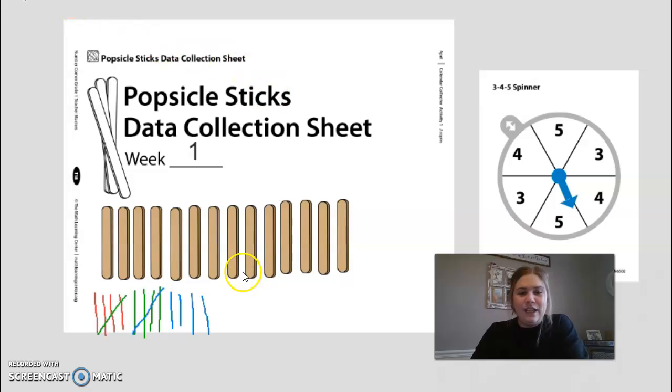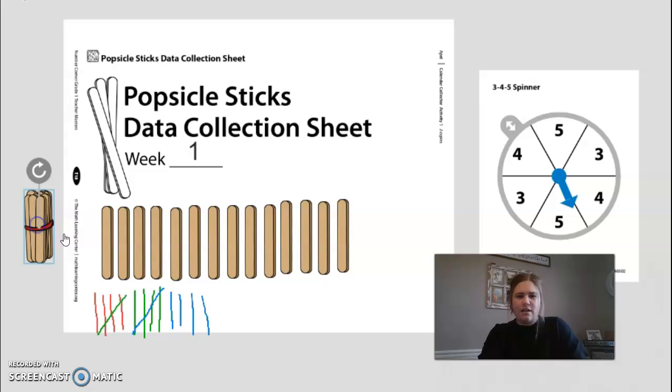Okay, so let's find out if we can make any in a bundle of 10. I'll just keep this little guy in here because we're going to need it. So we need to take away 10 of these because they're going to go into this bundle right here.